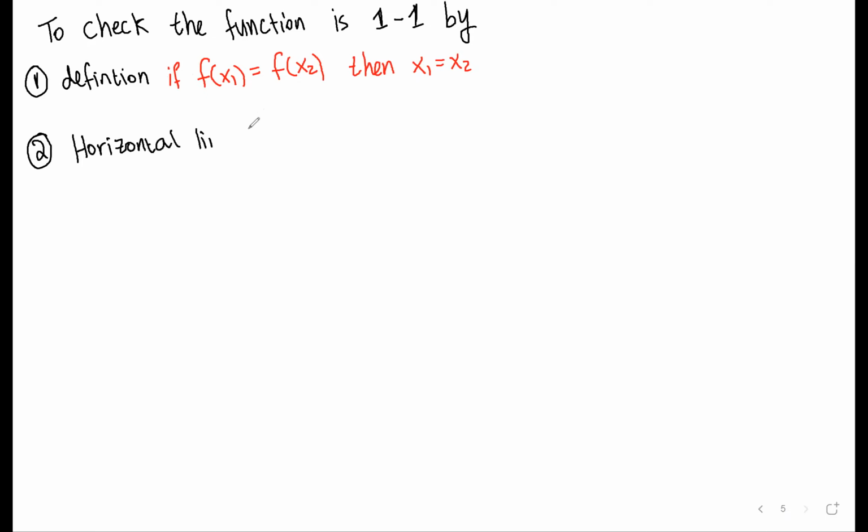Horizontal line test. Also, I'm going to explain that by the example, but let me give you the definition for the horizontal line test.